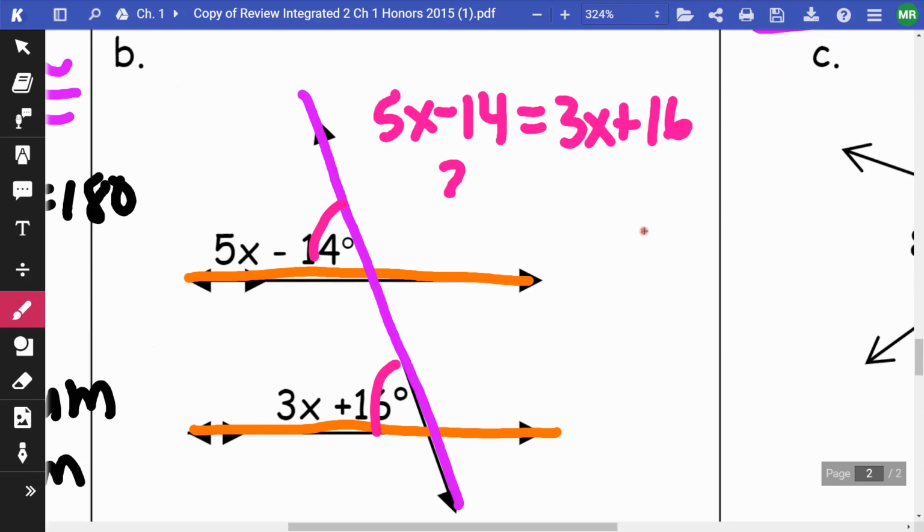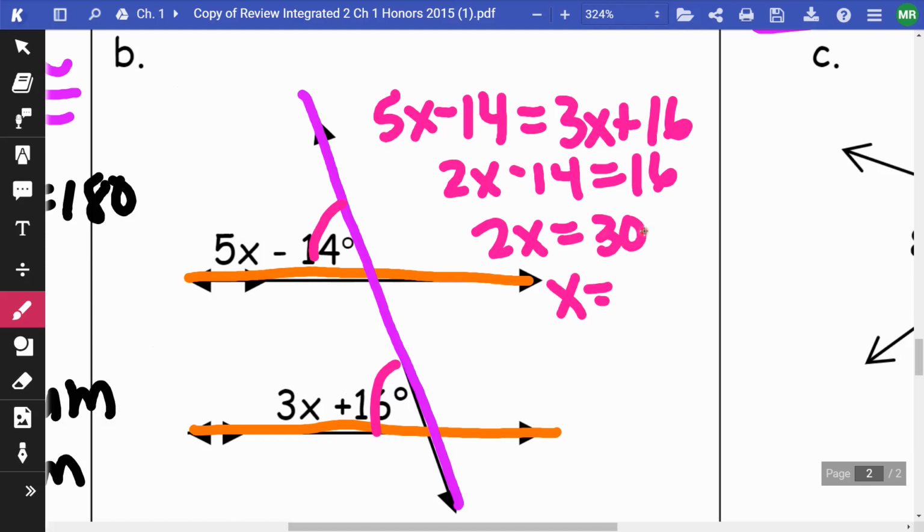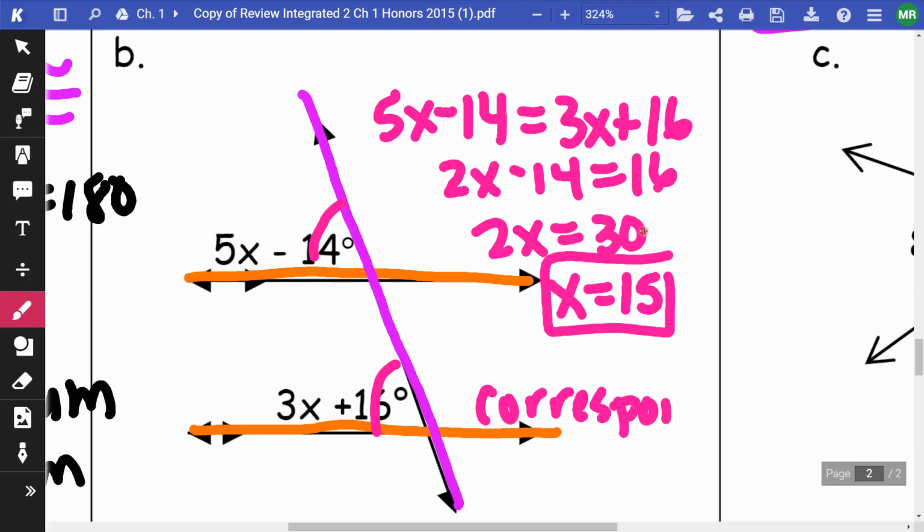I'm going to subtract 3x, so I get x minus 14 equals 16. I'm going to add 14 to both sides, so I get 30, and x is 30. The reason for this is corresponding angles. Again, I'm talking about parallel lines cut by a transversal, then corresponding angles are congruent.